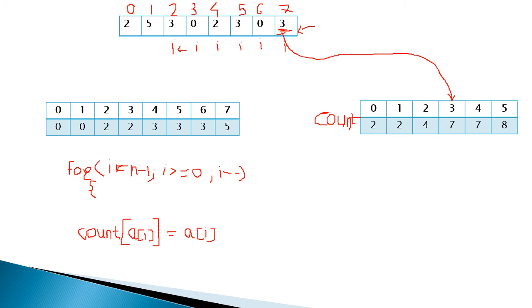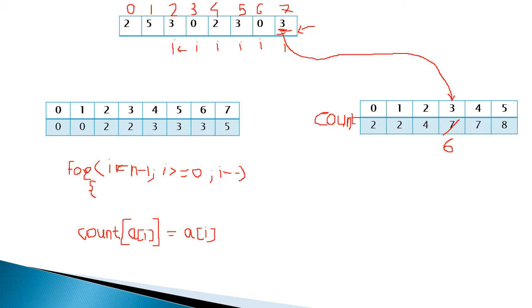And after this, what are we doing? When we come here, after that we are decrementing this value by 1. Which value? Which is present on count of 3. Means here A of 3 means on count of 3. We will decrement this value, and we have to decrement that value before going into the temporary variable.